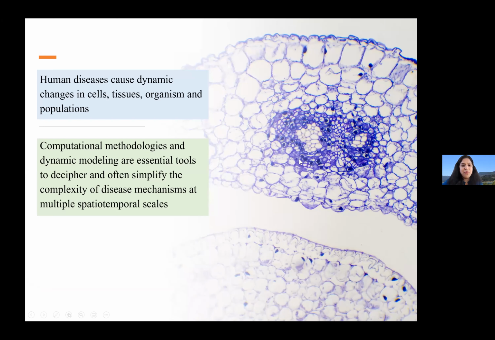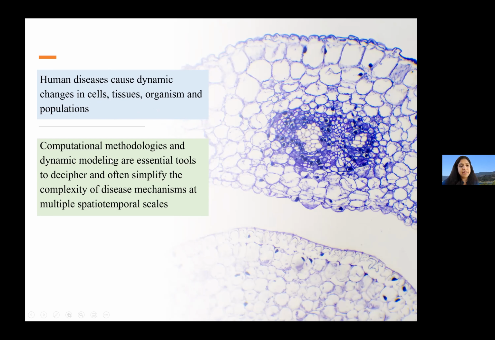In a very different context, I'm going to start off with human diseases. As we all know, there are many of them, and these human diseases cause dynamic changes in cells, tissues, organisms, and even in populations. We are living in one of them, the pandemic. So they are very dynamic.